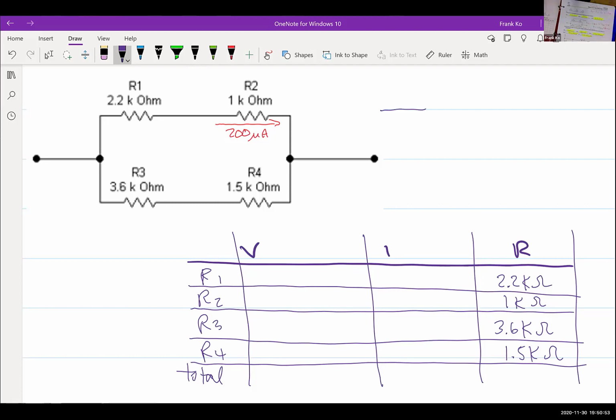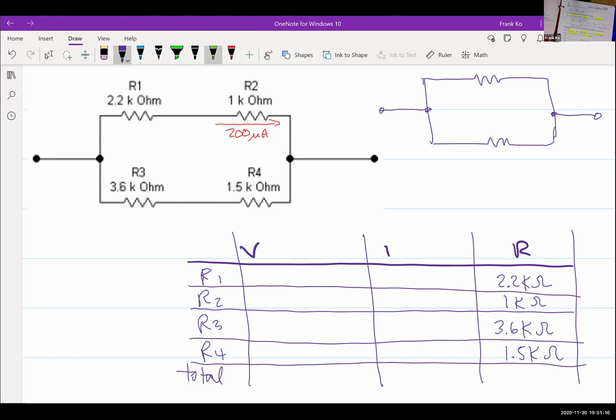I have a here. Could I redraw the 4 resistors down to 2 resistors like this? Yes. Okay, so my upper branch is a combination of R1 plus R2, yes?